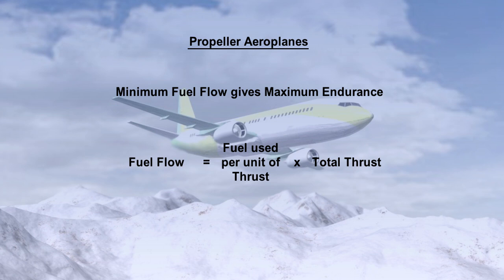So, whereas for a jet the formula for fuel flow was fuel used per unit thrust multiplied by the total number of thrust units, for a propeller the formula is fuel used per unit of power multiplied by the total units of power. Obviously, to minimize the fuel flow, the fuel used per unit of power and the total number of power units developed must be kept to a minimum.